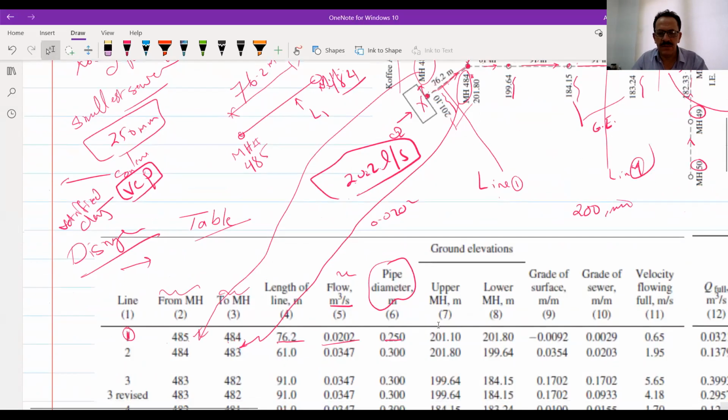Now, after that, we have to go to column 7 and column 8 from this table. So we will nominate the first one.